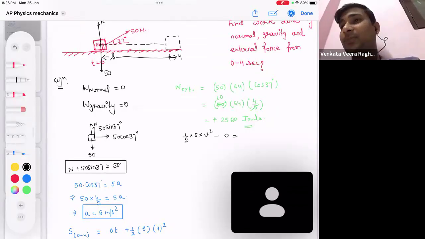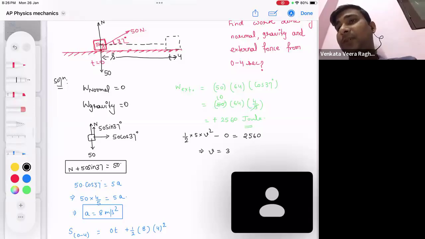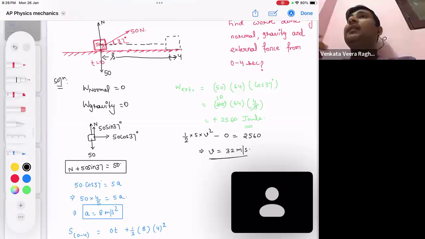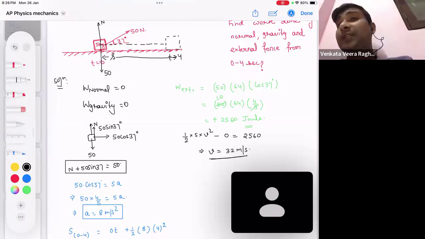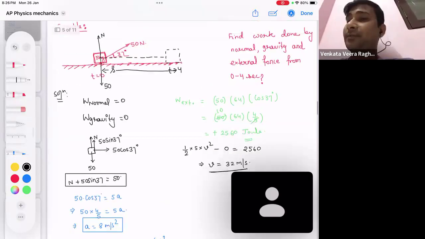What is the total work done we have calculated? 2560 joule. If I calculate the velocity from here, I will get exactly 32 meter per second. Sometimes it is advantageous to use the work energy theorem to calculate the velocity or speed after some time. Sometimes we can use the equation of motion, sometimes the work energy theorem.